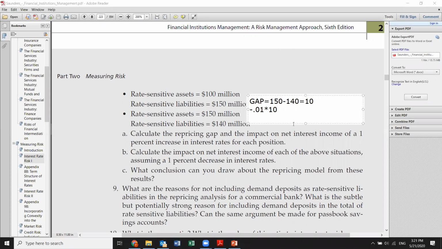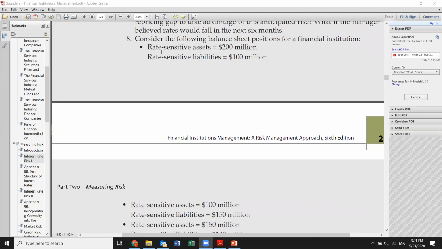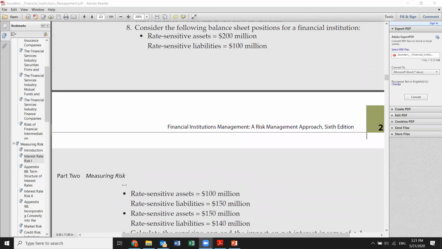What conclusion can you draw about the repricing model from these results? This is part 1, part 2, part 3.